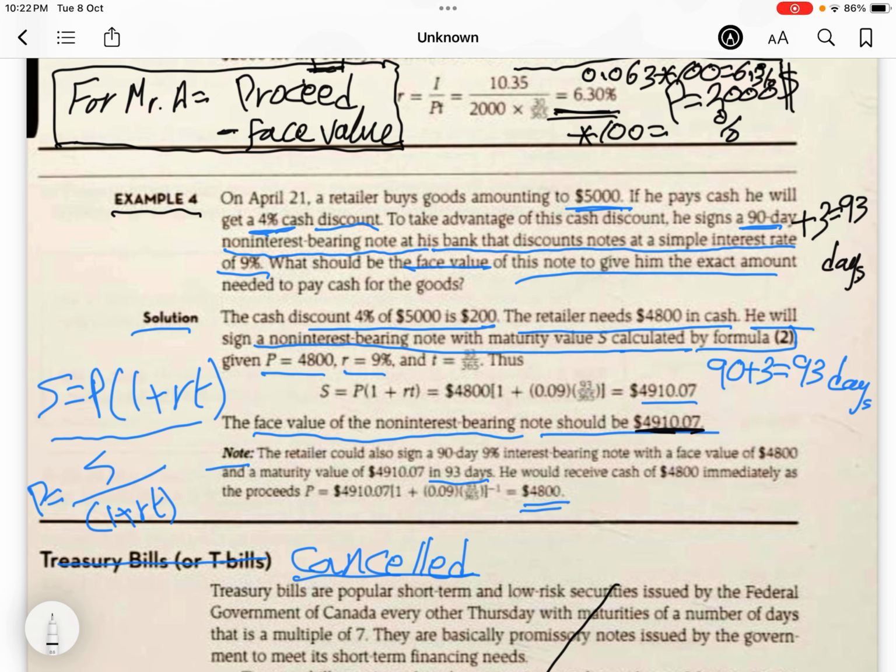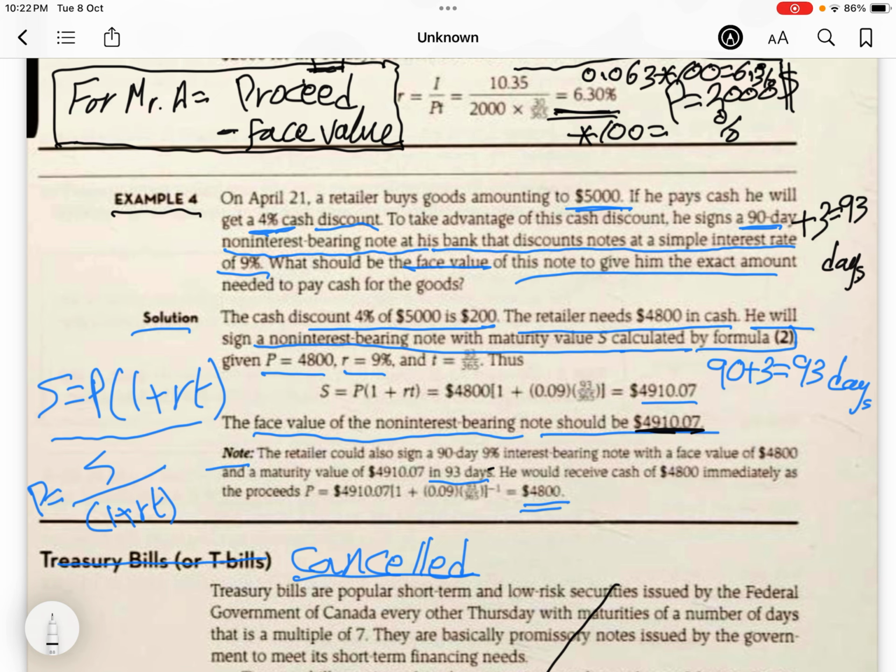Note, the retailer could also sign a 90 days, 9% interest bearing note with a face value of 4,800 and maturity value of 4,910.07 in 93 days.